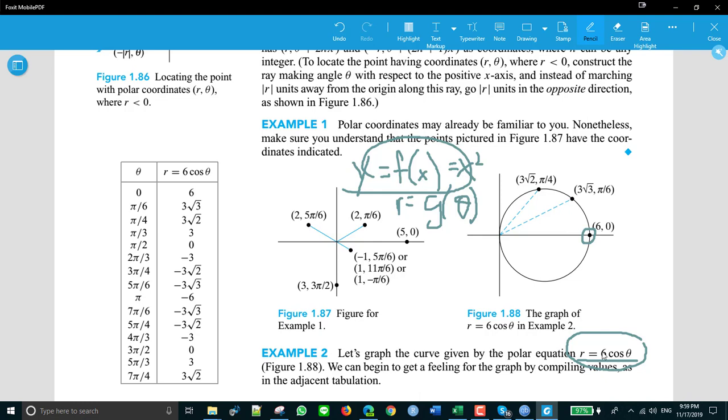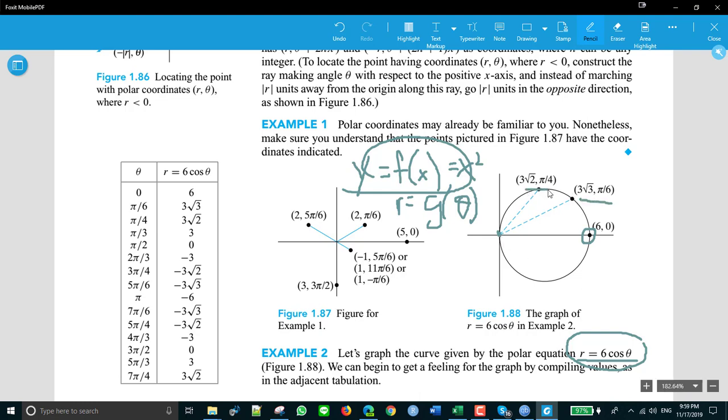Cosine of pi over 2 is 0, so it's 6 times 0, so r is 0. So we have pi over 2, 0. Radius 0 means we're always here. That's a little confusing because we don't know exactly how we got there, so we need a few more points like this one or this one.